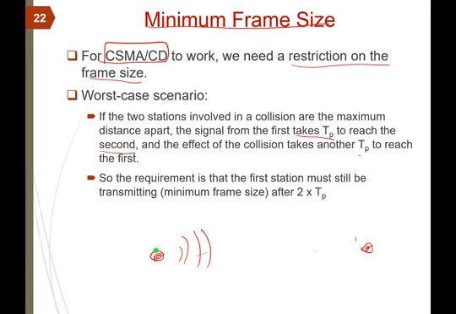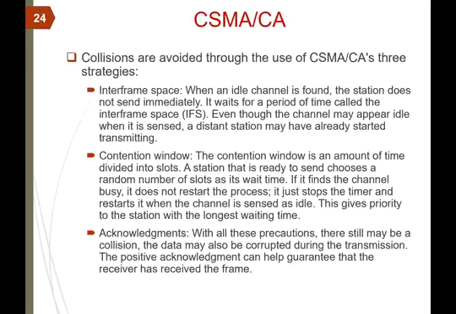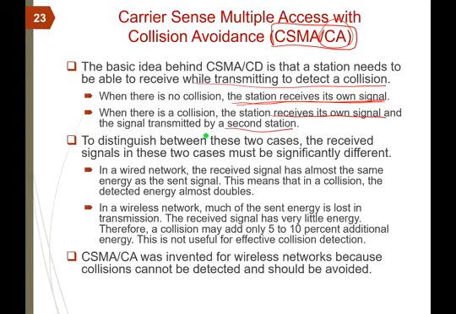But if they are both sending, it will receive its own signal and the signal from the other station. To distinguish between these two cases, the received signals in these two cases must be significantly different. So you are either receiving your own signal, or your own signal plus the signal transmitted by the other station.